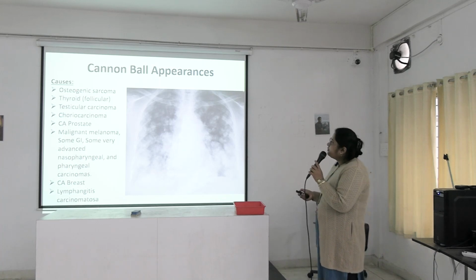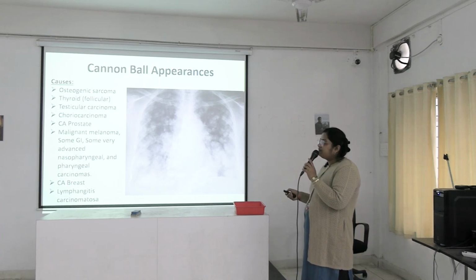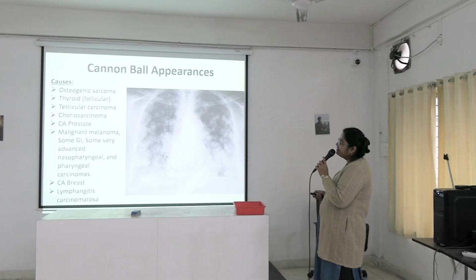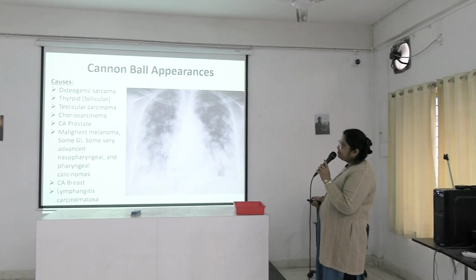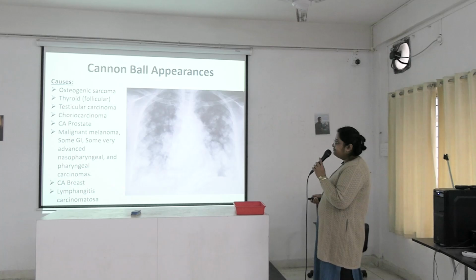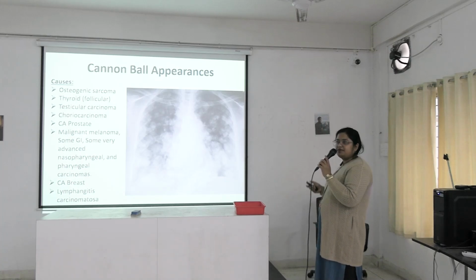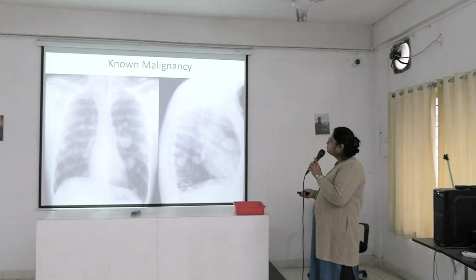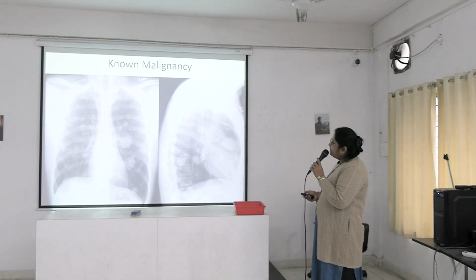So osteogenic sarcoma, thyroid follicular carcinoma, testicular carcinoma, choriocarcinoma, CA prostate, malignant melanoma, some GI, some very advanced nasopharyngeal and pharyngeal carcinomas, CA breast, and lymphangitis carcinomatosis. In all these cases cannonball metastasis can occur. So all are carcinomatous conditions. And in known malignancy, these are the cannonball mets.